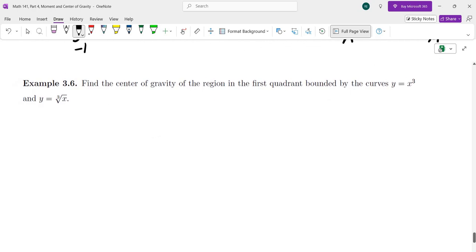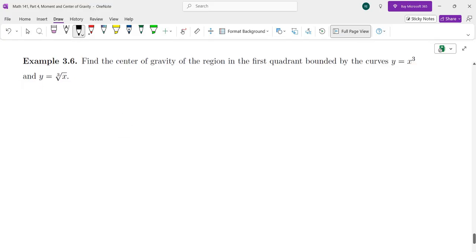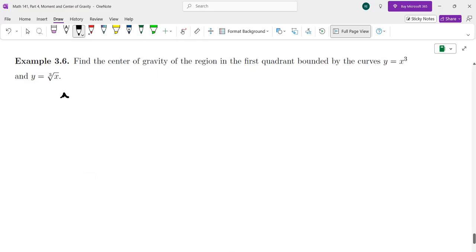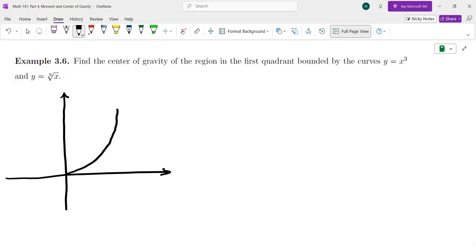Okay, so one more example. Find the center of gravity of the region in the first quadrant bounded by these two curves. So we have y equals x cubed and y equals cube root of x. These are the two curves. This is y equals cube root of x.